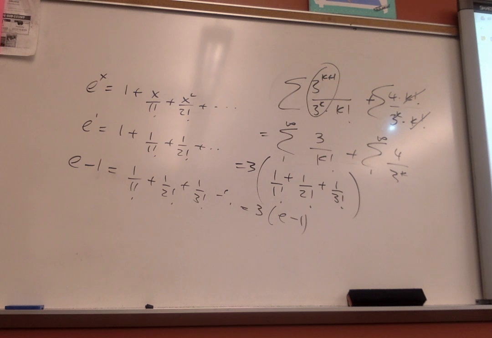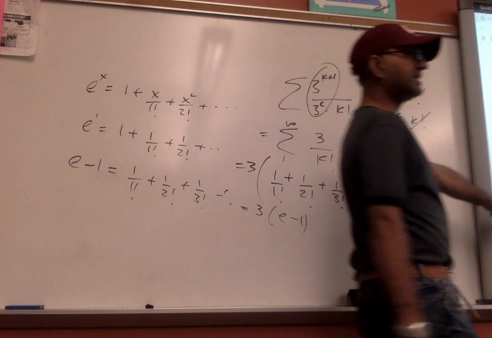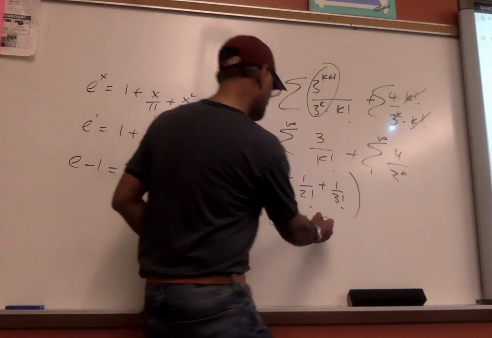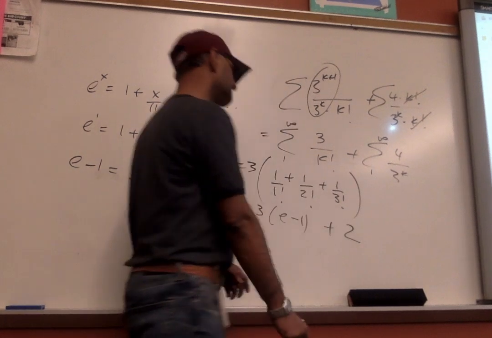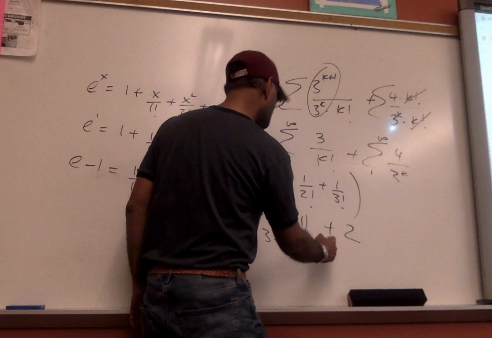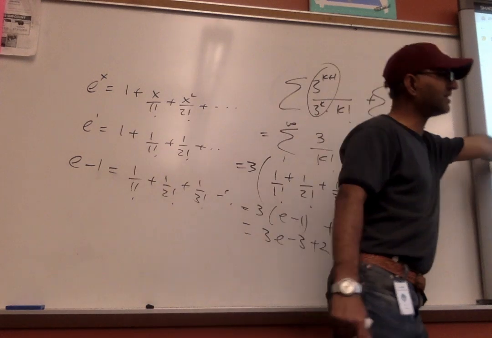What's the sum? Just 2? The 3's cancel. So absolutely final answer. Is it D then? So this is 3e minus 1 plus 2? Yeah. So is that 3e minus 3 plus 2, which is 3e minus 1.